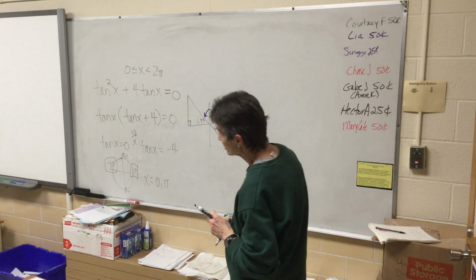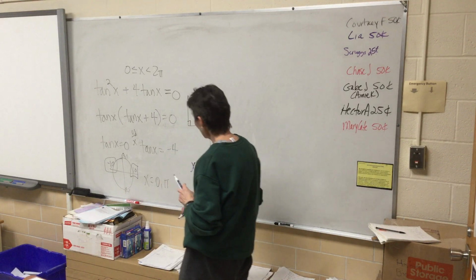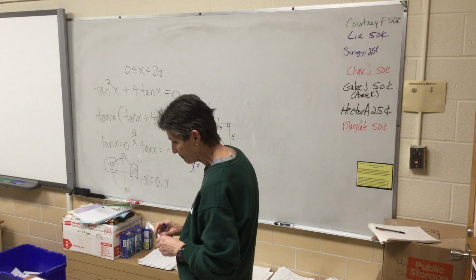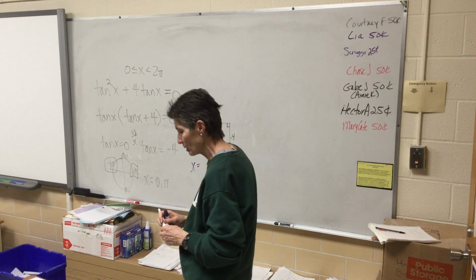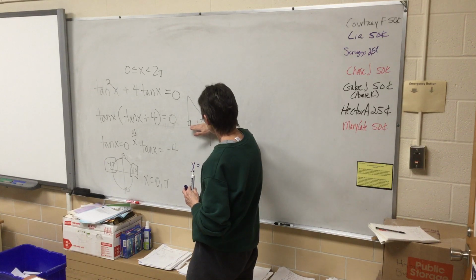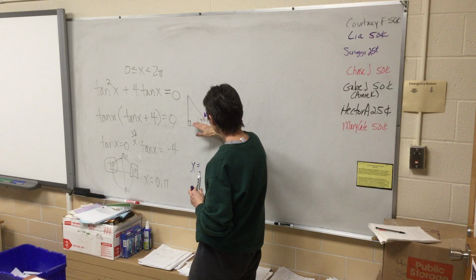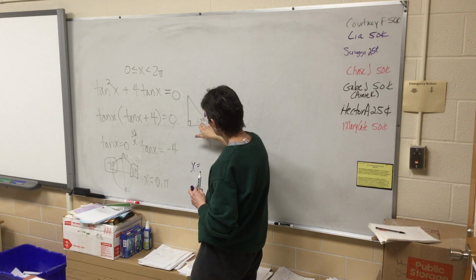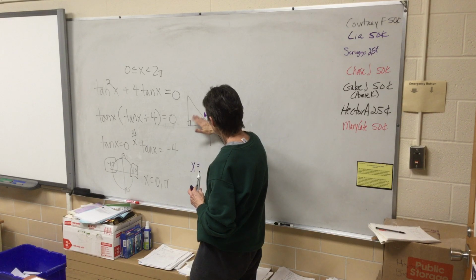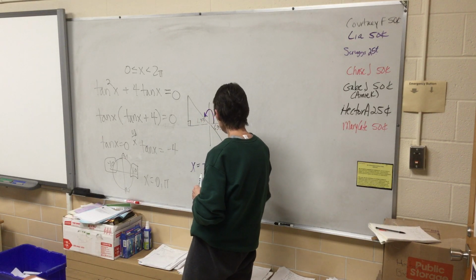That's the angle in quadrant 2. And how will I find that angle? What will I have to do to my 1.33? It's already in radians, so take pi minus 1.33.